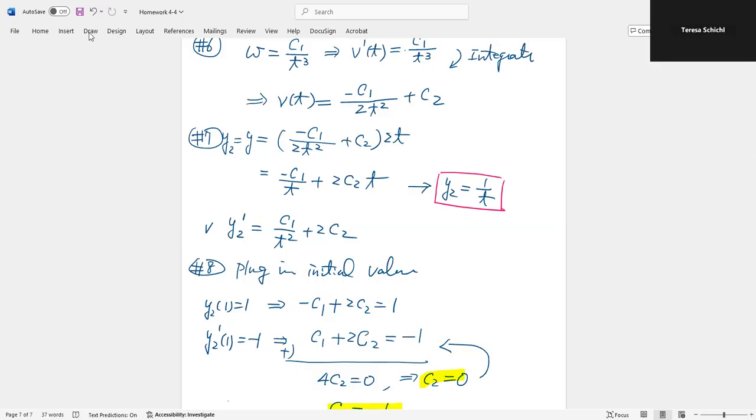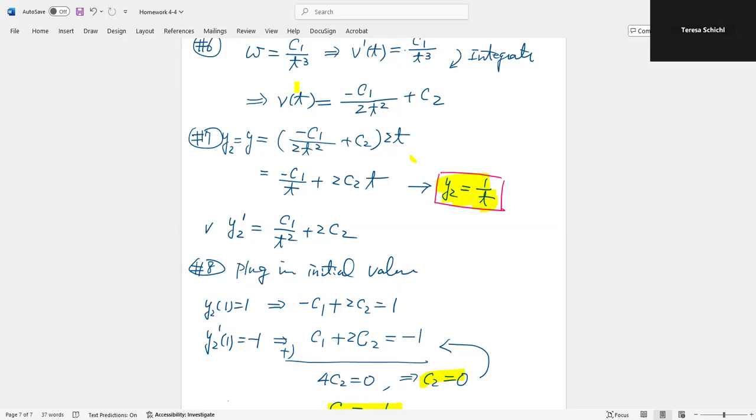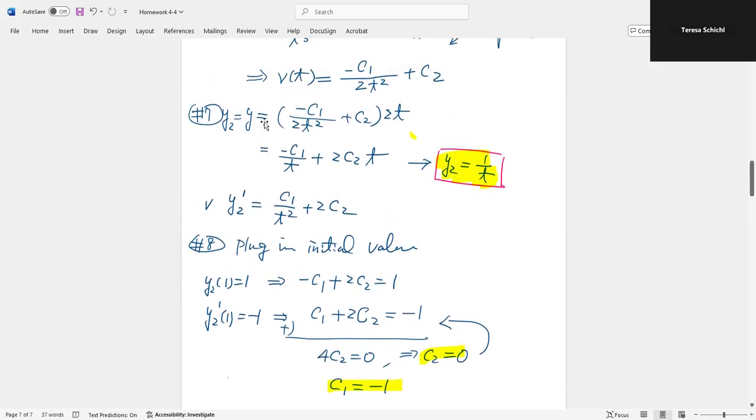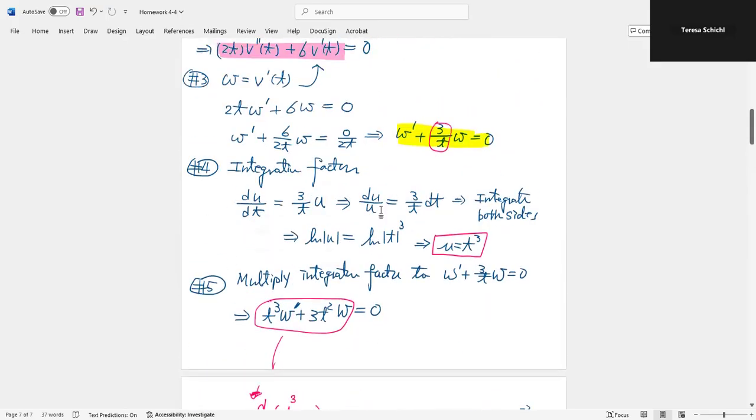Okay, see here? That's why I like to revisit this problem using a different method, to let you see that both of them are correct, but when you choose the method, some of them will make your algebra work a lot easier.